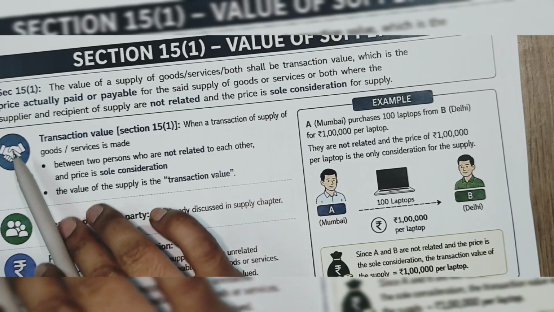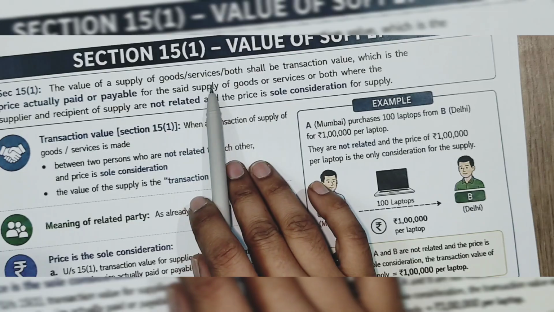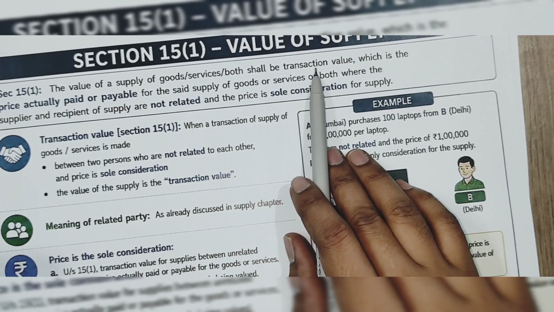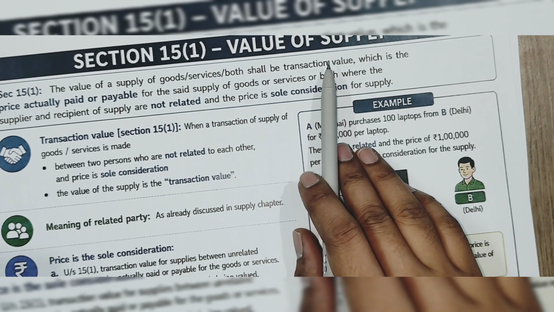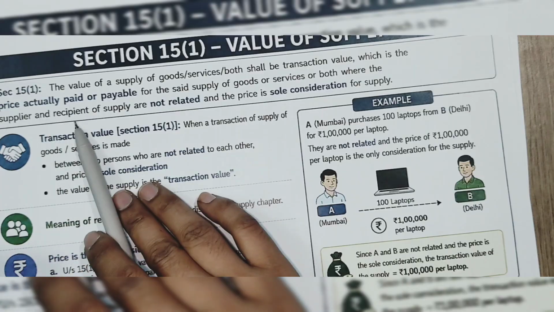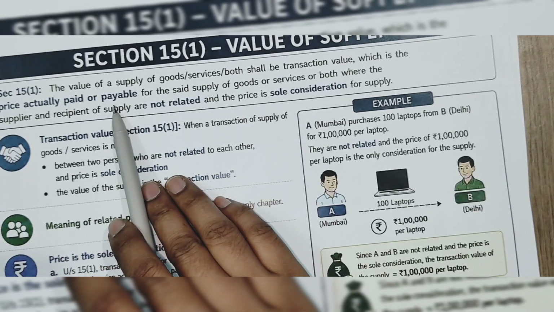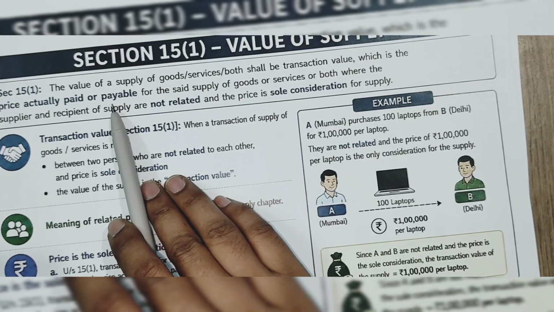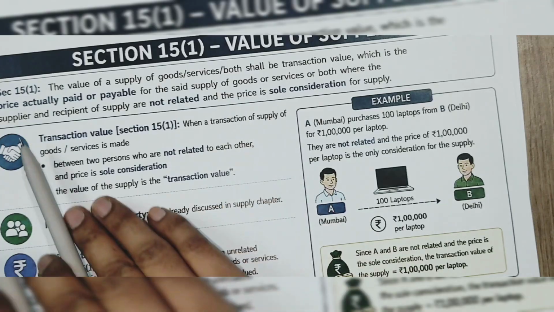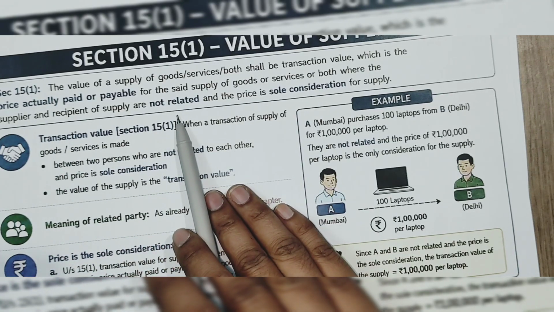Section 15, subsection 1. What is the value of supply of goods, services, or both? It will be called the transaction value, which is the price actually paid or payable. For this, the supplier and the recipient of supply are not related.